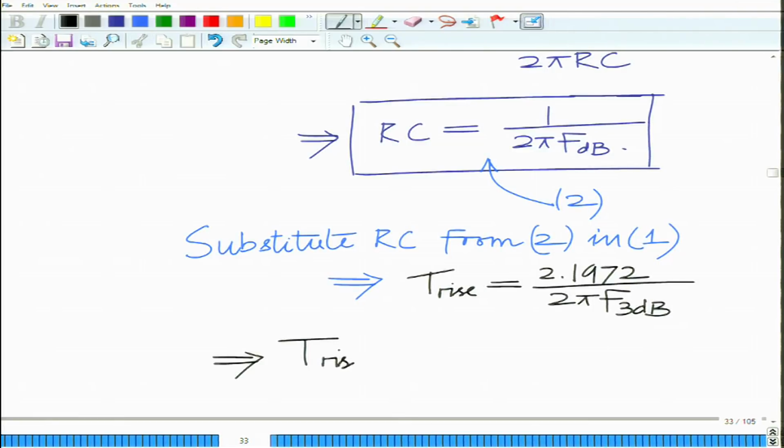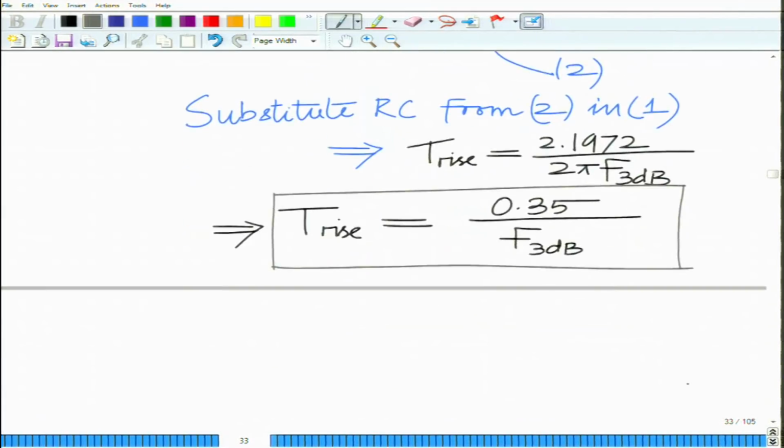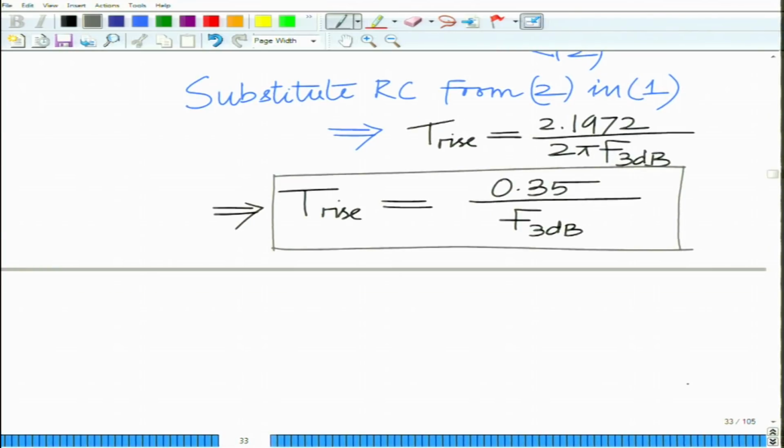This implies the rise time is 2.1972 over 2 pi, that is basically 0.35 over the 3 dB frequency. So, basically that gives us the relation that rise time is 0.35 over the 3 dB frequency of the RC filter, which is very interesting.